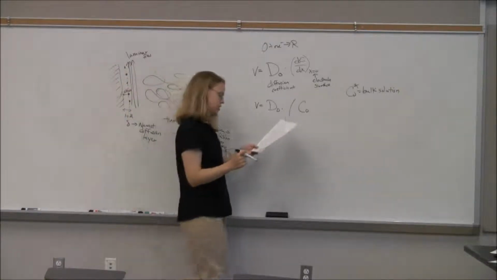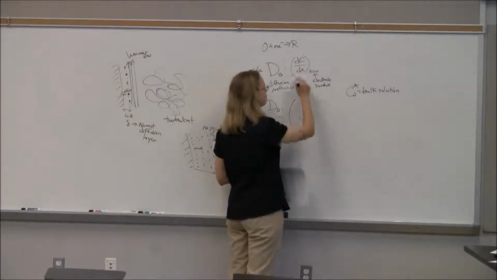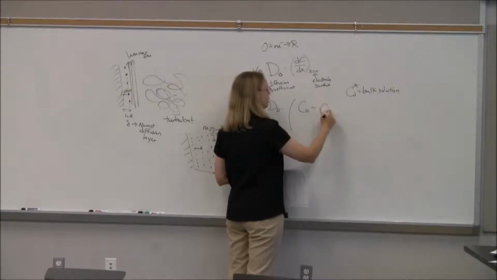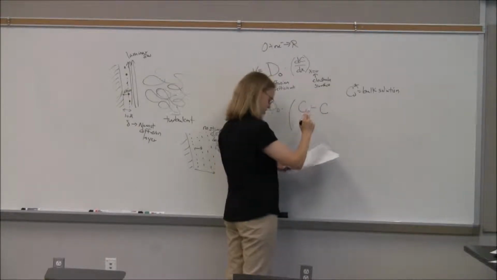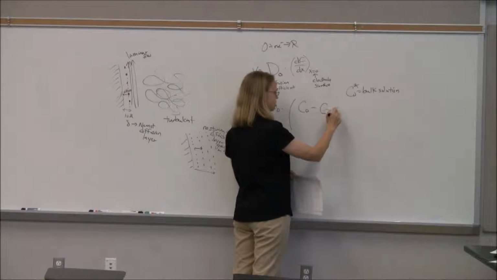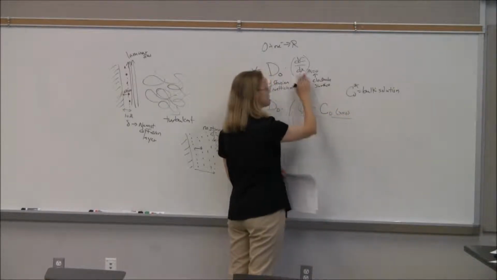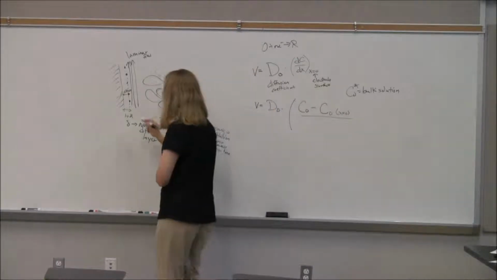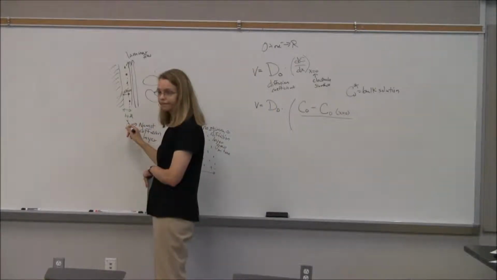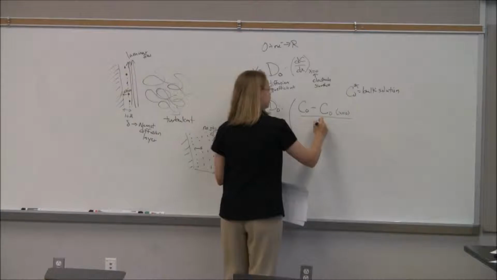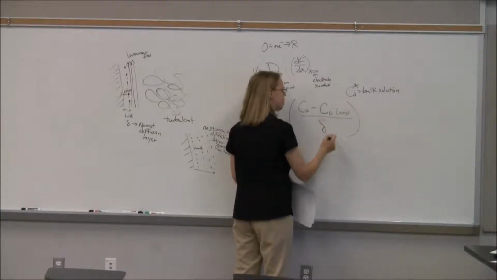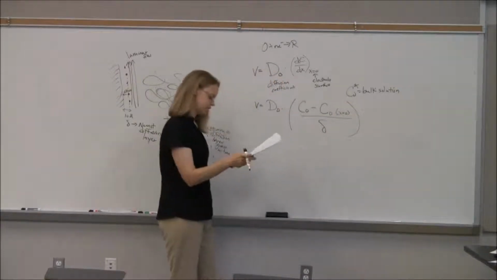So we have the bulk, and then the concentration gradient is whatever the concentration of O is at the surface, and then what's the distance that we're going? Well, the distance over here we call delta, the Nernst diffusion layer.